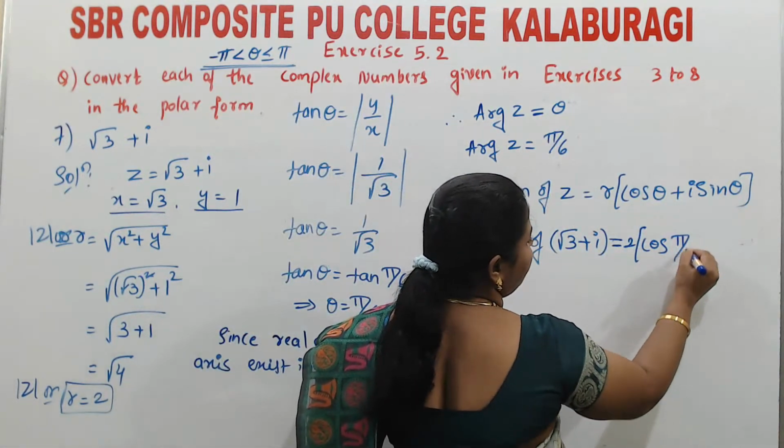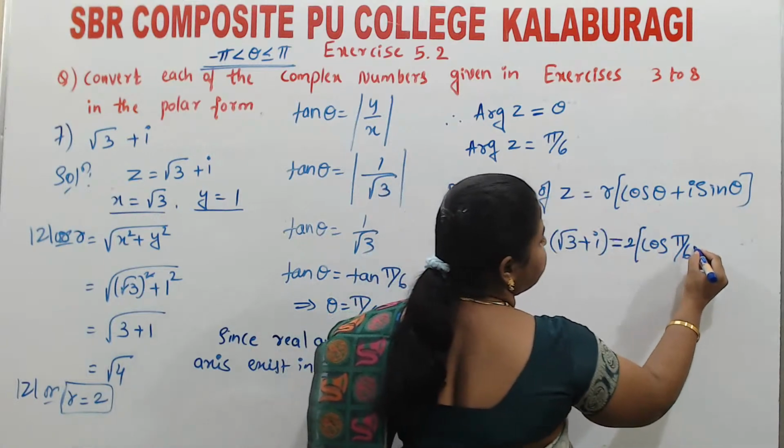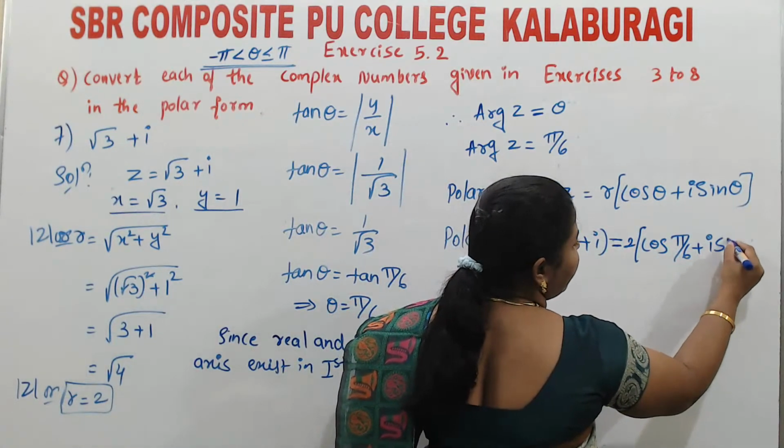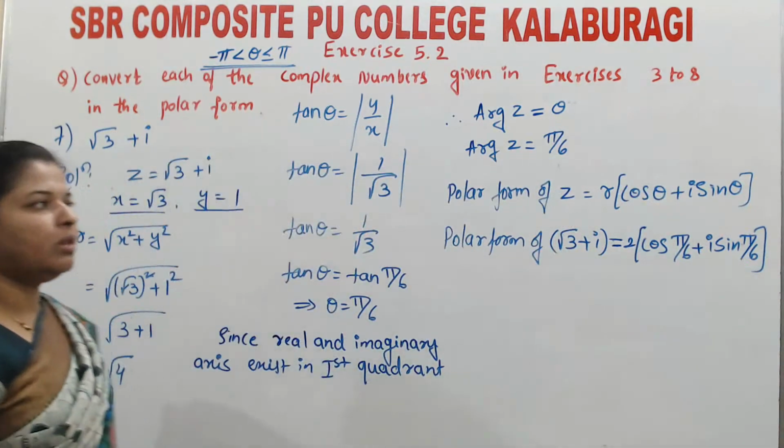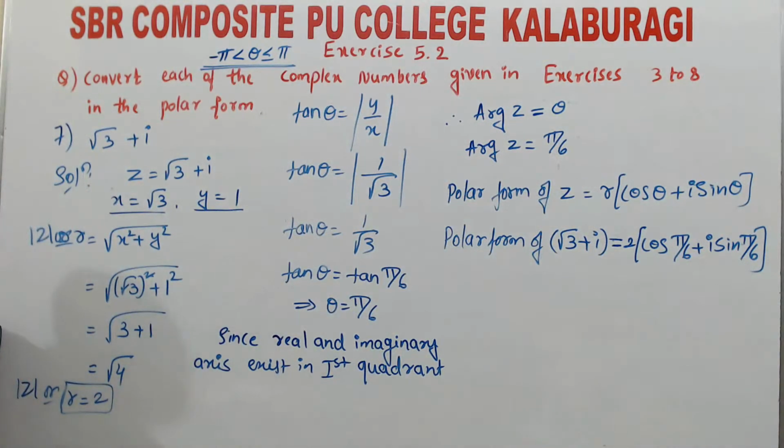What is our principal value of theta? Pi by 6, plus i sin pi by 6. Like this we have to solve. Is it clear?